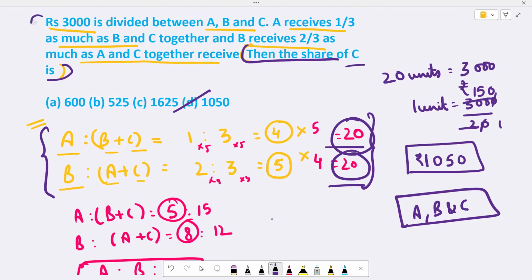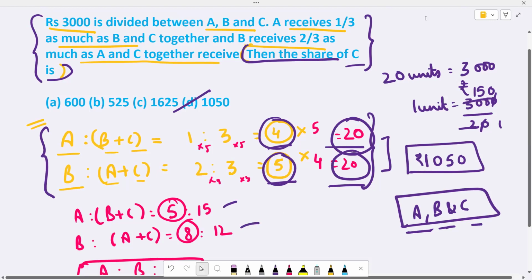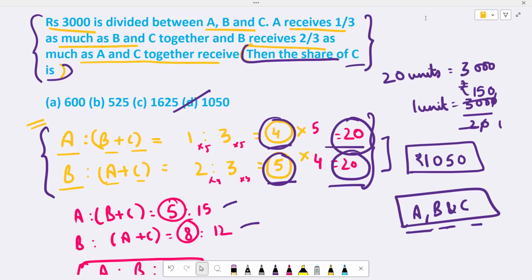In the same question, you cannot expect that the efficiency of A, B, and C can change. It will remain the same, which is the reason why we need to make the total sum of the respective ratios equal. And then we can simply compare and put them in these forms to find the final ratio. Thank you.